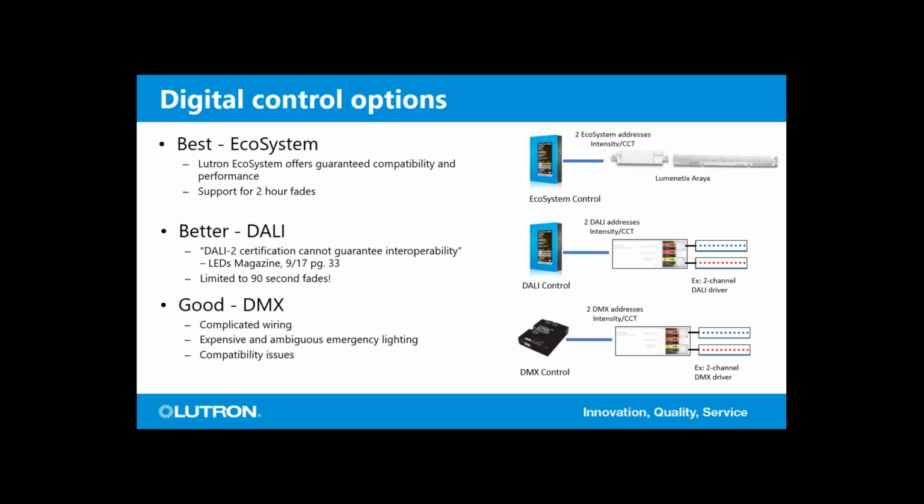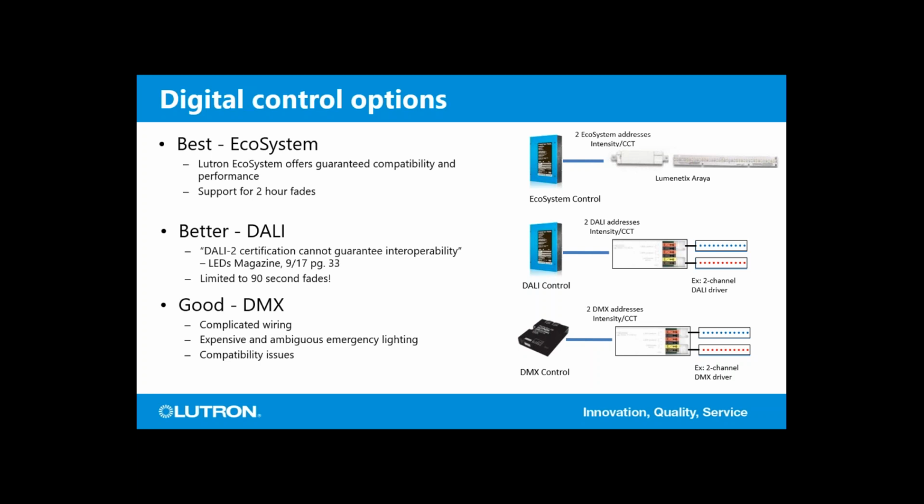And then the best option here is ecosystem. Because we make both the control and the component in the fixture with partners like Luminetics, who have embedded ecosystem control into their modules, we can guarantee the compatibility and performance. So those are a huge benefit, right?